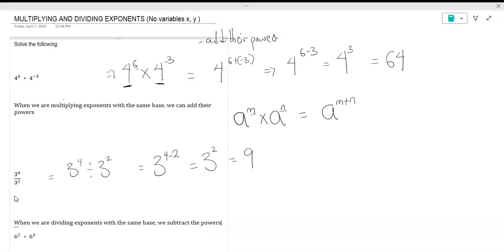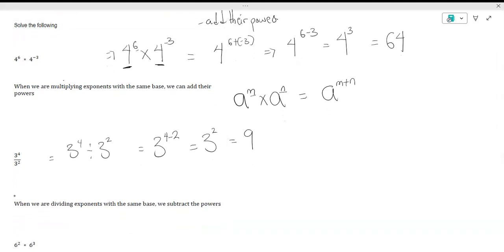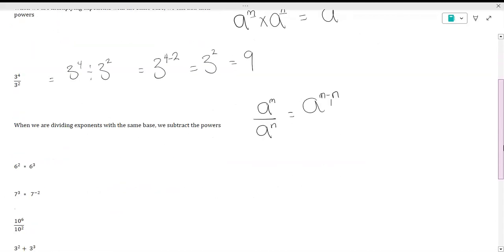Usually the one at the top minus the one at the bottom. If we want to explain this, a raised to the power m divided by a raised to the power n is equal to a raised to the power m minus n. So we subtract the powers.